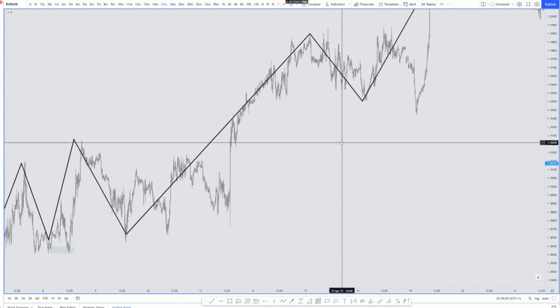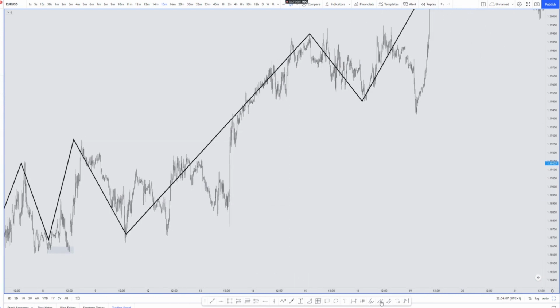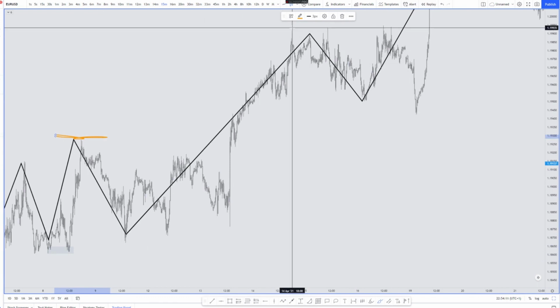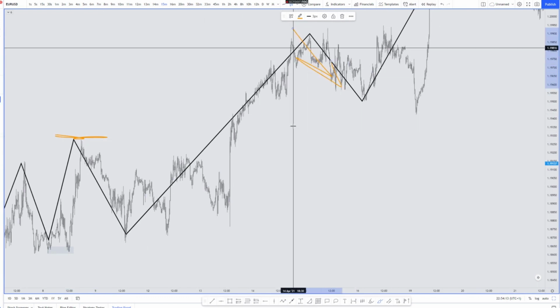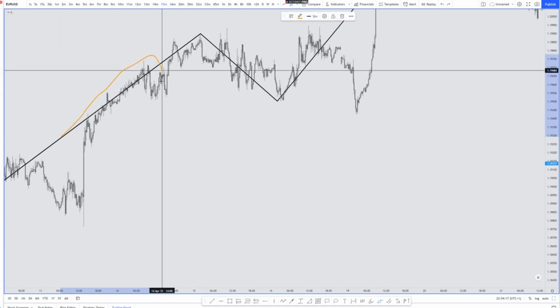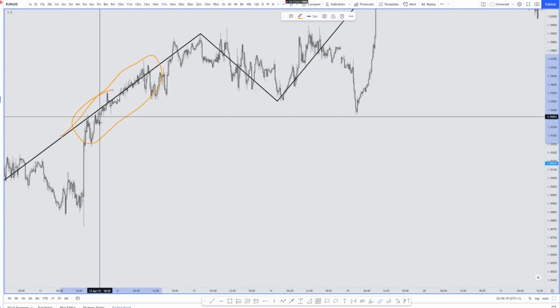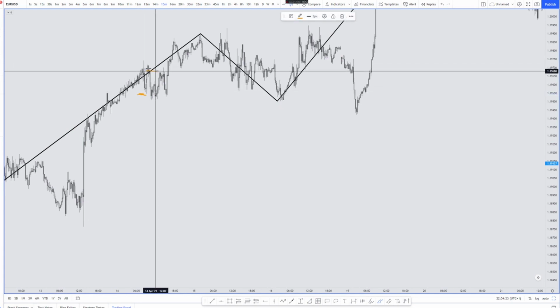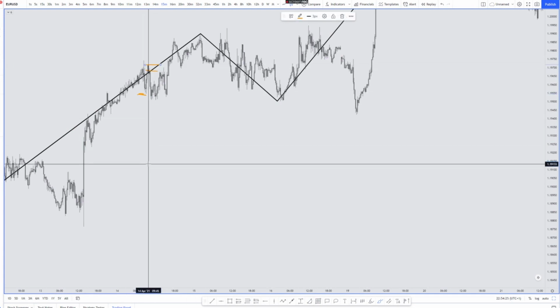As long as 4-hour is bullish, we're going to expect an impulse to take this high. At some point, we're going to expect an impulse to pull back. Now, if we look at this price action, there's really nothing that's signifying a pullback till at least here. So you may have taken a loss here trying to sell that here.